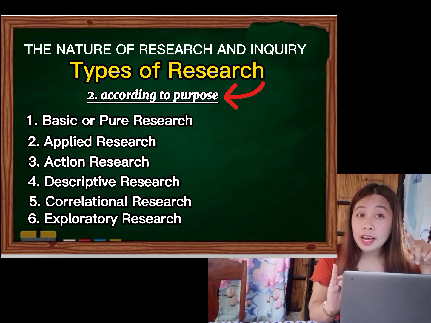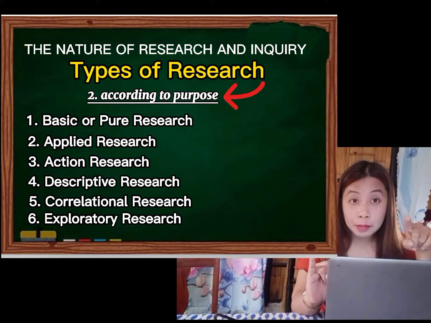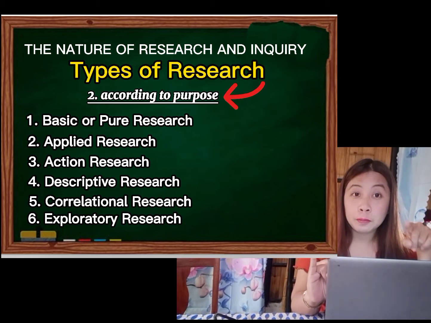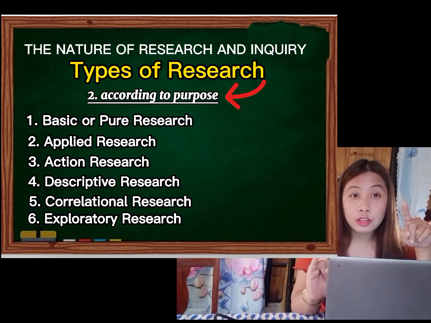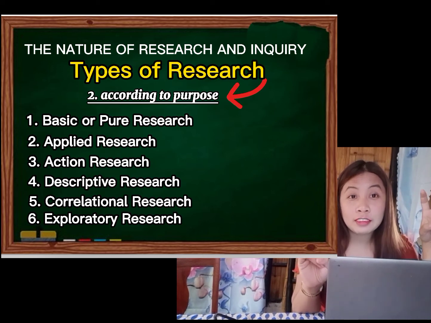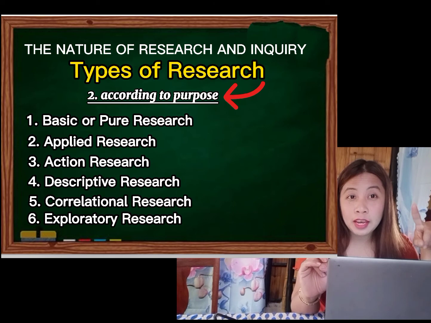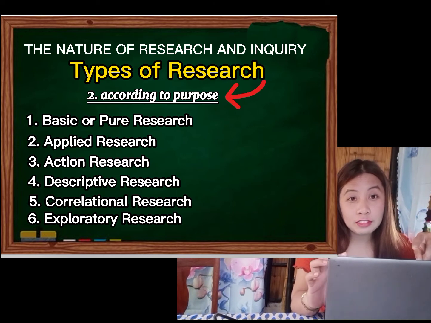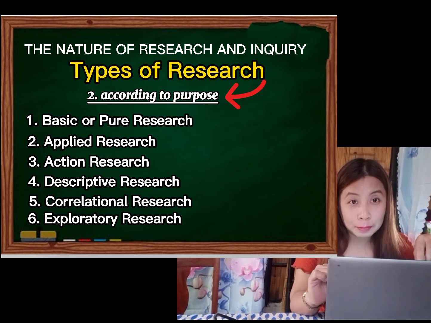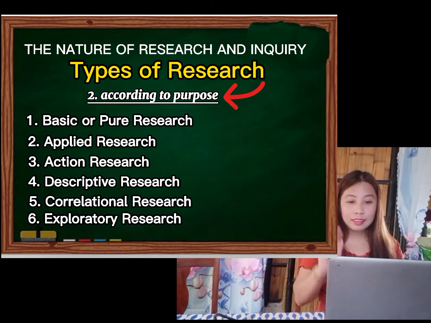Yung 6 na yan, that is the types of research according to purpose. So, tandaan natin yung purpose ng research mo. Pag hindi mo alam yan, hindi mo malalaman kung anong klaseng research ang ginagawa mo based doon sa purpose ng study mo. Okay?